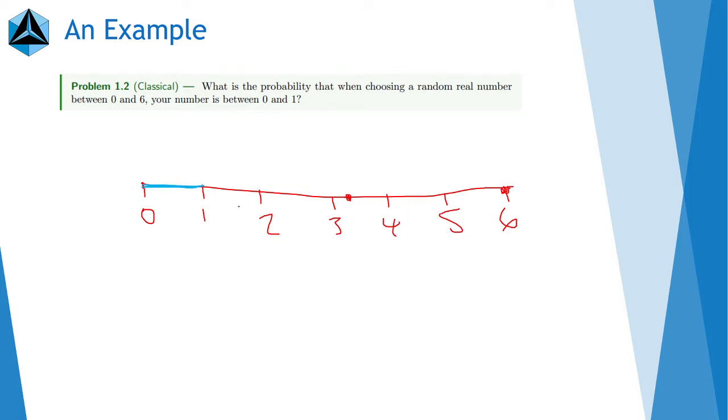It has length 6, which represents all the possibilities, and the success is between 0 and 1, which has length 1. For that reason, our probability is 1/6. Some of you may not have gone to this explanation as your immediate explanation, but you're basically using geometric probability when you immediately say 1/6, because to represent an infinite number of possibilities, this is what you do.